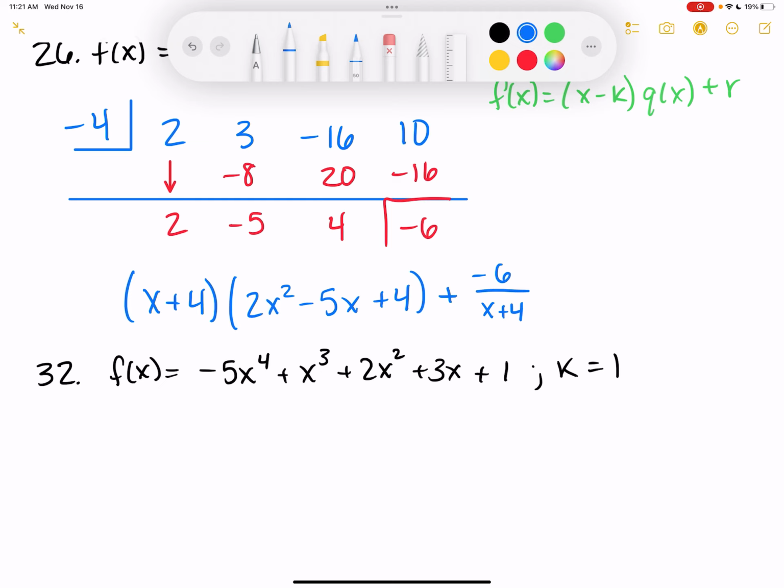So we put 1 in the box. Then no terms are missing, so I just copy them down. -5, 1, 2, 3, 1.